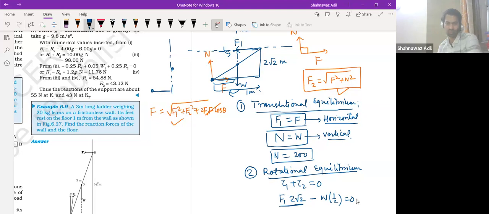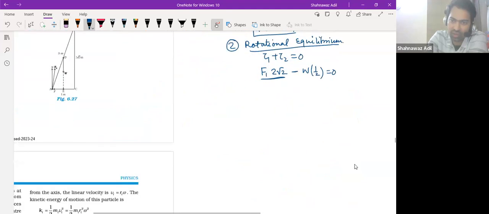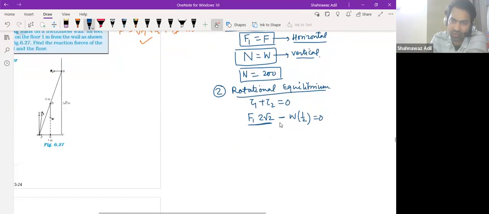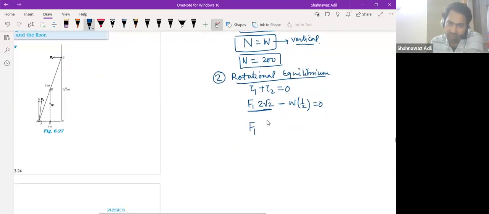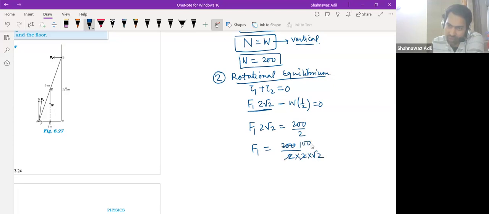Now let us see. F1 into 2 root 2 equal to W, we have calculated 200, right? So 200 by 2. So F1 is 200 by 2 into 2.